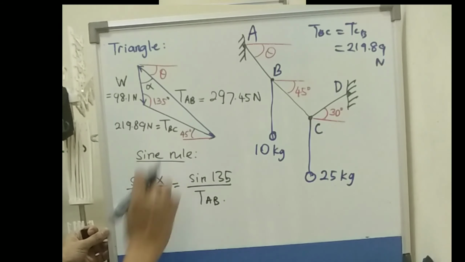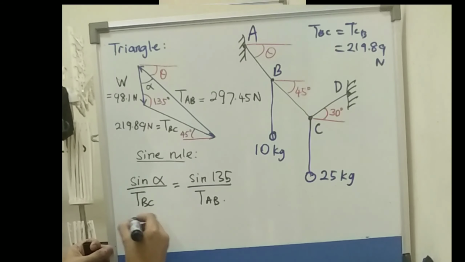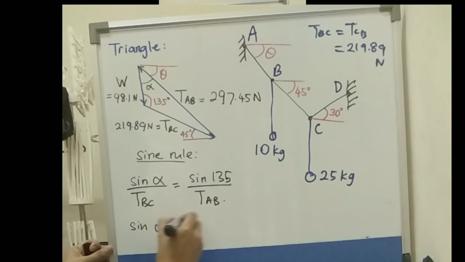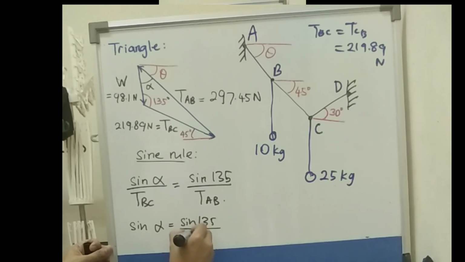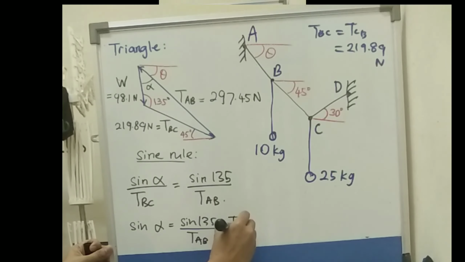We're looking for alpha now. We get sine alpha equal to sine 135 divided by TAB, times TBC.